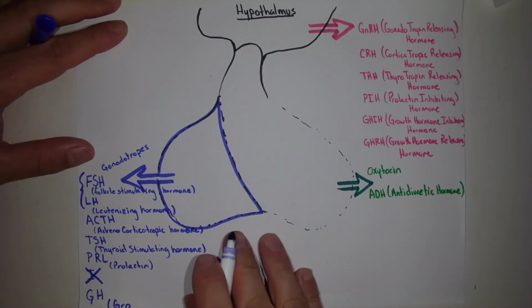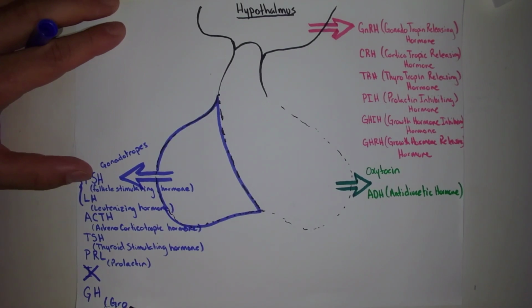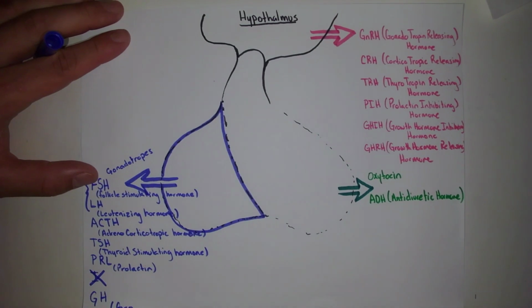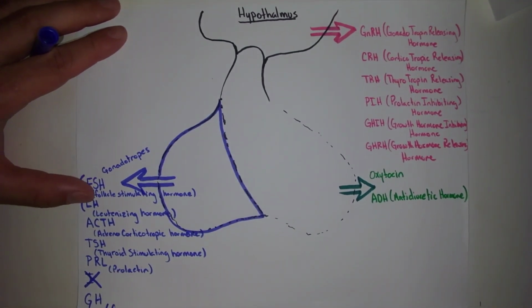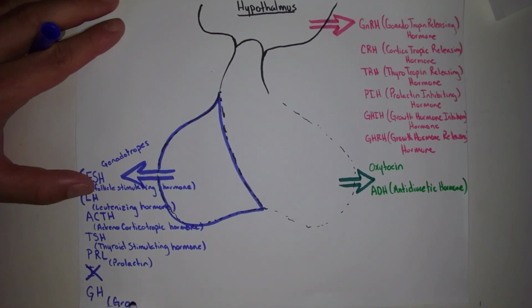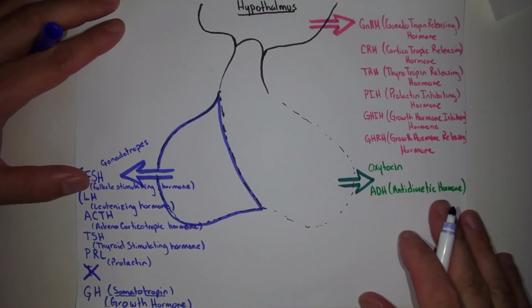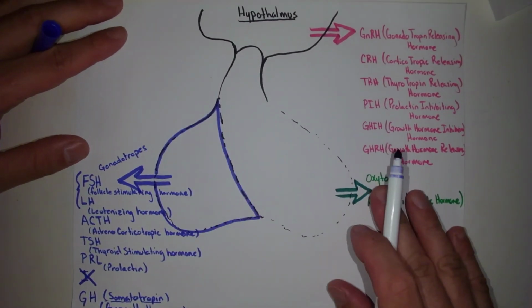Another name for growth hormone is somatotropin. So growth hormone, or we could say somatotropin. It's going to change, tropin, somatic cells, which are everything but sex cells. Okay, those are the anterior pituitary hormones.